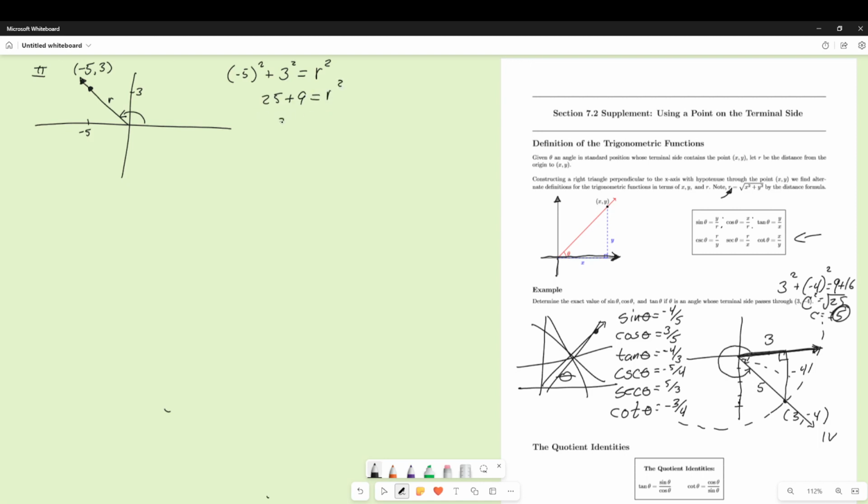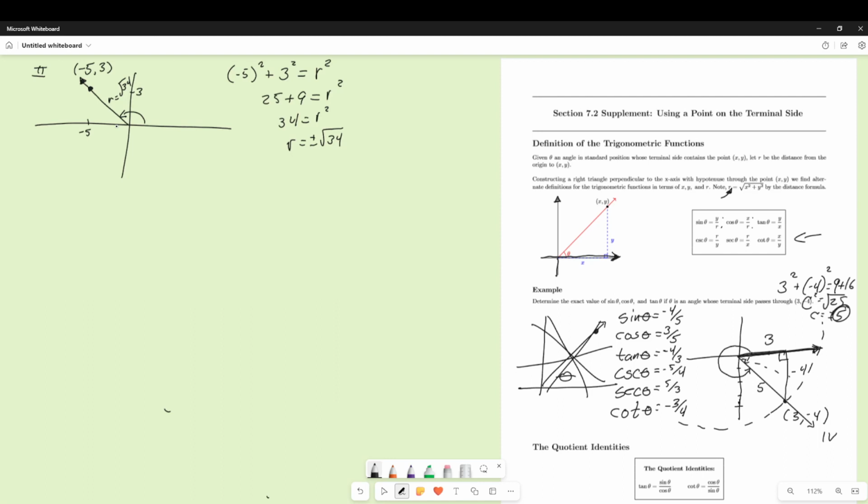So that's what 34 equals r squared. So r is, when we take the square root, plus or minus the square root of 34. But because we're dealing with a radial length, remember our radial lengths are always positive, so that radial length will be the square root of 34, which we'd want to reduce if we can, but 34 doesn't reduce nicely.